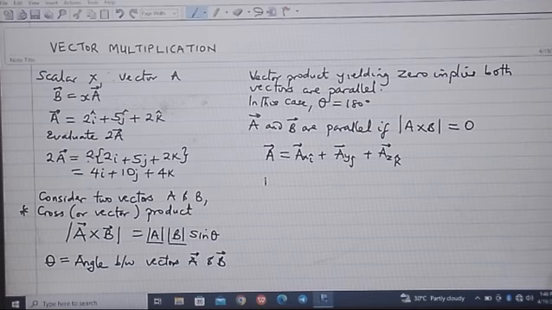We have another vector B equal to BXi plus BYj plus BZk.